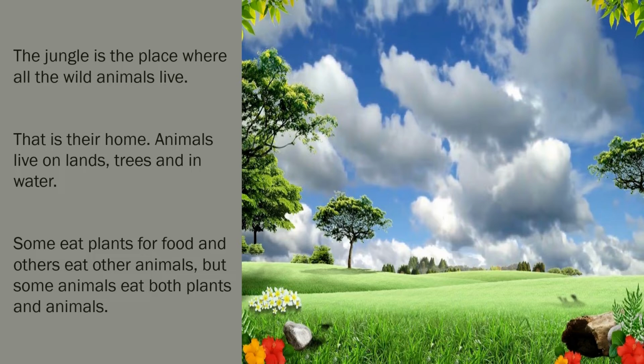Some of the animals eat other animals as their food. But some animals eat both plants and other animals. Now let's continue to see some of the animals in the jungle and we'll talk about the food they eat.